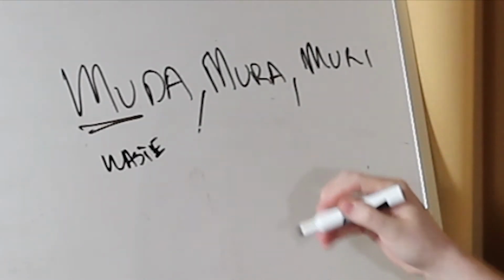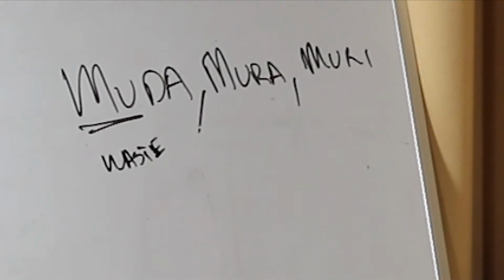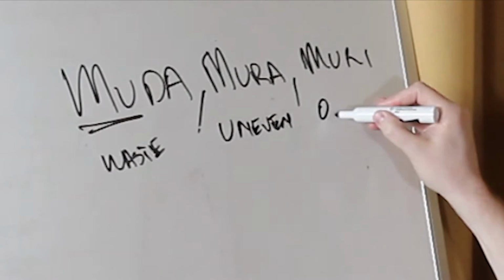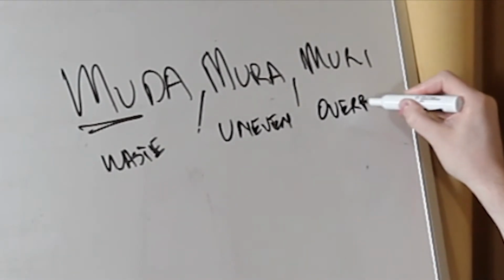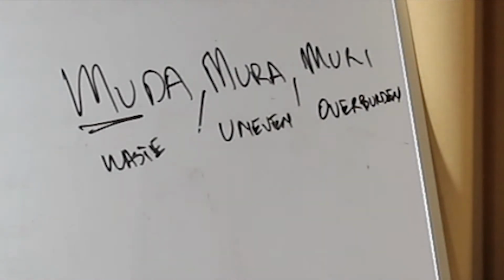And then Mura is when something is uneven. And so it's a waste because it's not a constant thing. So this is uneven. And then Muri is when it's overburdened. And overburden might cause a lot of other things to happen.